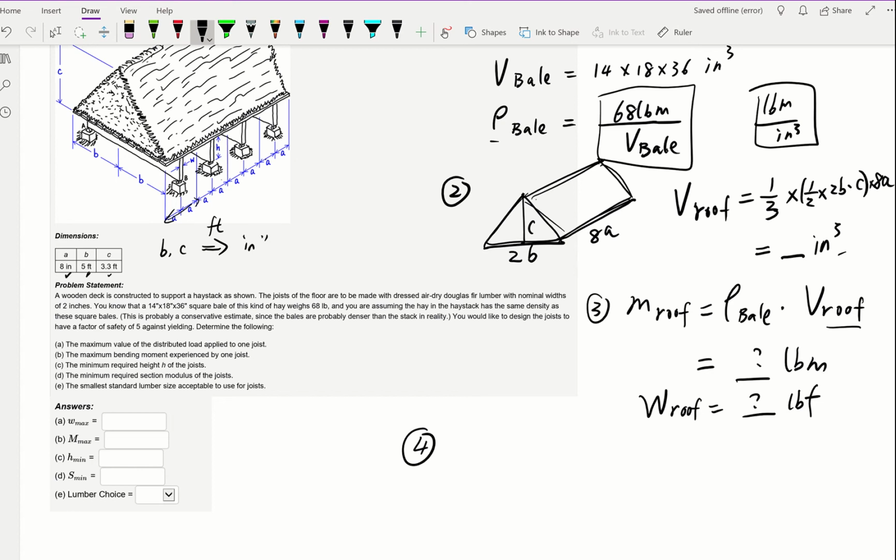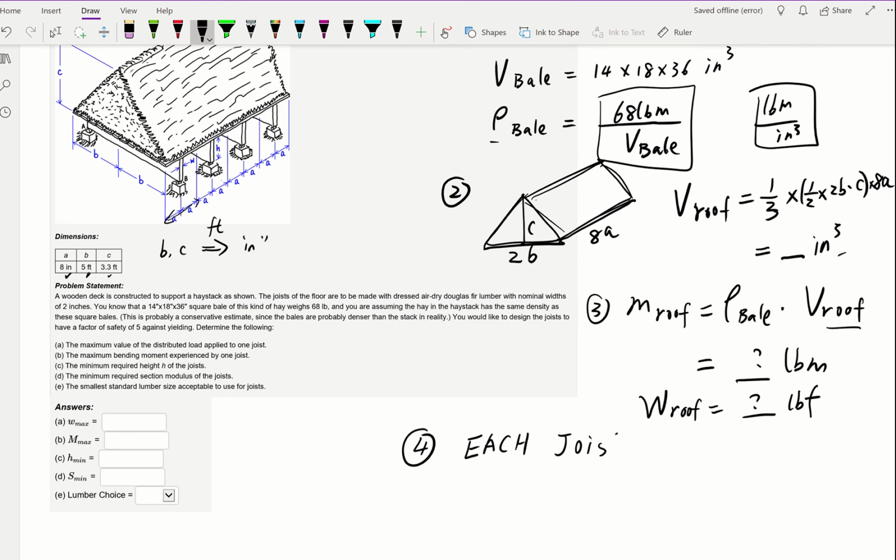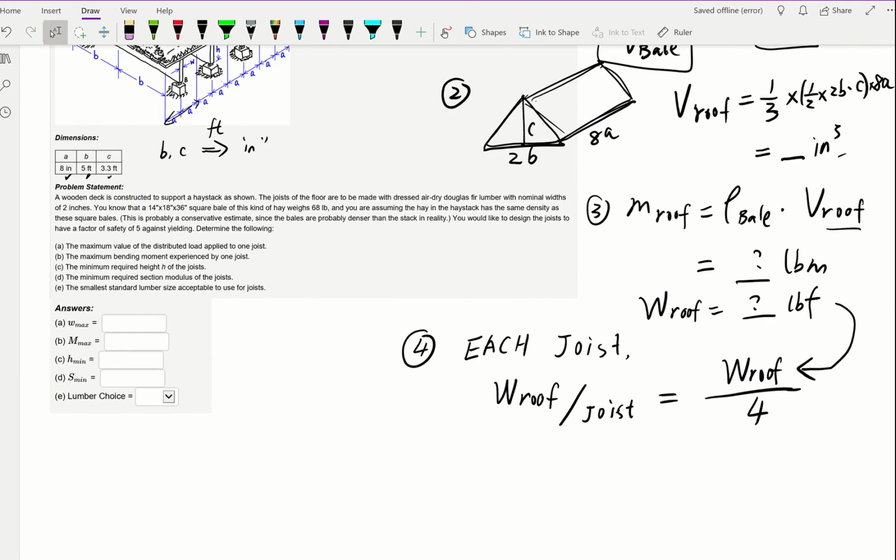So can we figure out on each joist how much roof weight there is? We can figure out the weight of the roof for each joist. That's going to be this entire roof weight divided by 4, and that will give us the pound force.